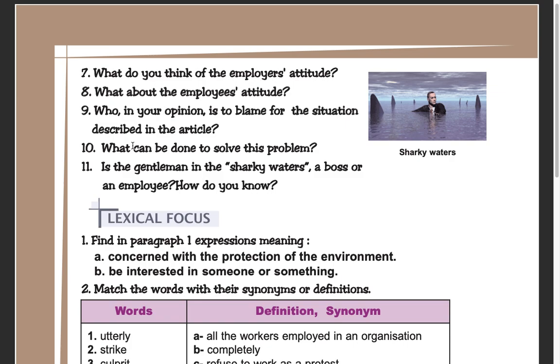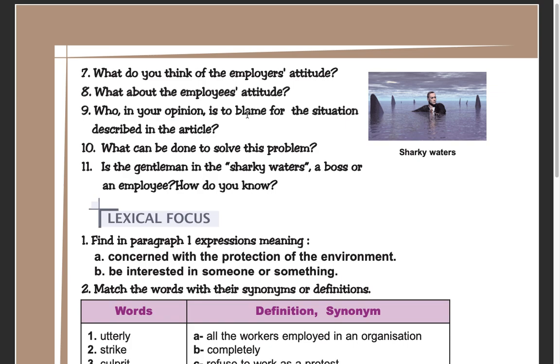What about the employee's attitude? Who, in your opinion, is to blame? To blame someone is to tell them that it is your problem, you caused this problem, it's your fault. So that is to blame someone. Who, in your opinion, is to blame for the situation described in the article? Personally, I believe the blame here is on the directors and the managers.